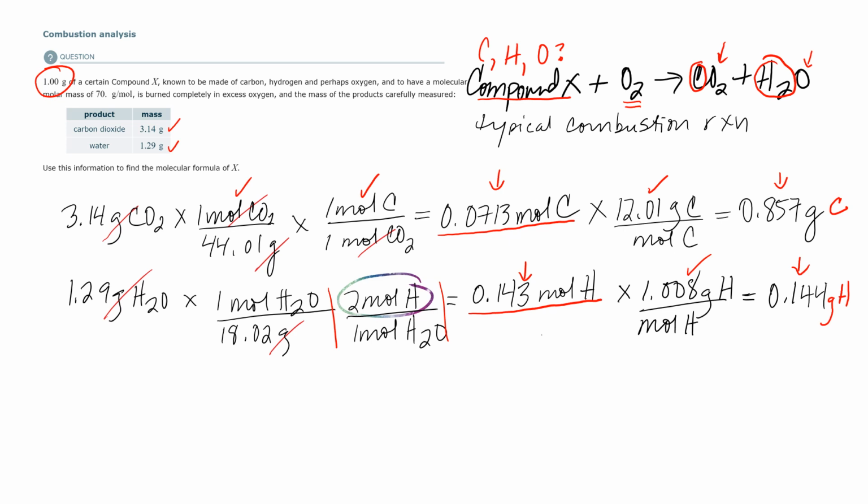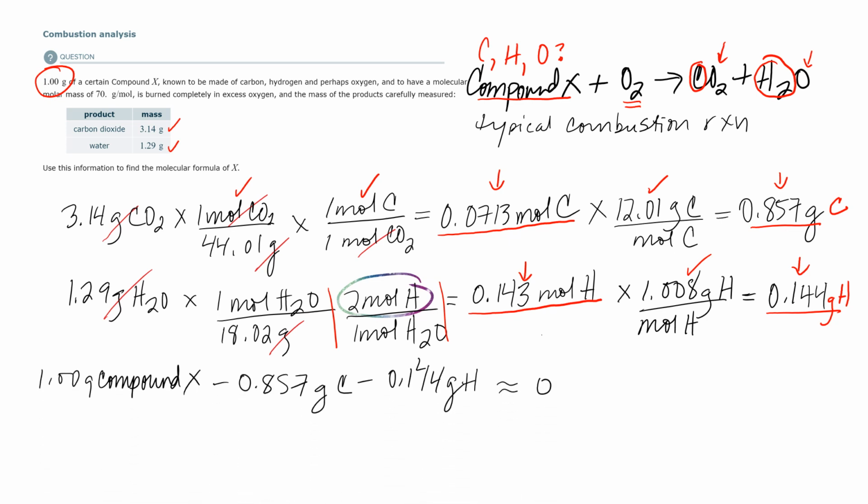So the question here is, if we started with 1 gram of compound X and we subtract from that the gram quantities that we just calculated, anything left over must be oxygen, because we have 1 gram of the compound and it's really a zero-sum game, right?